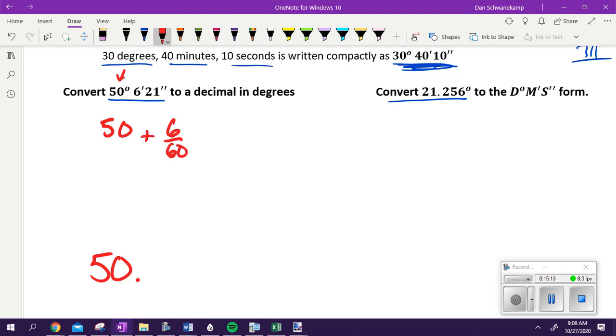And then I did 21 times 1 over 3,600. She's picking 3,600 because we are taking that decimal and we are converting seconds, which is 3,600 in a degree here, or 60 times 60 down there. That little conversion is all I need to do.